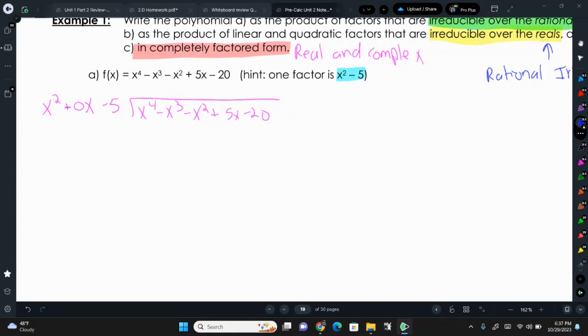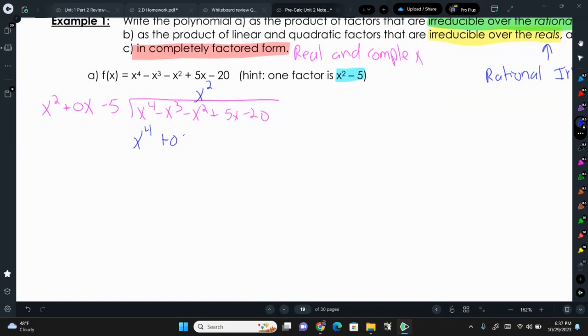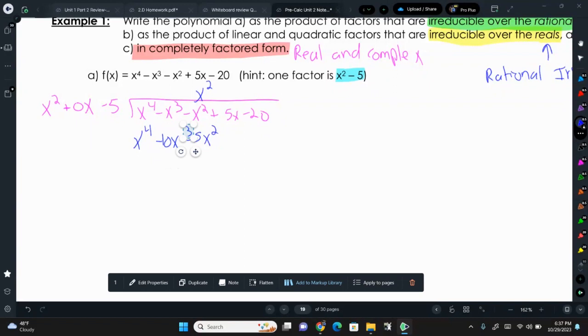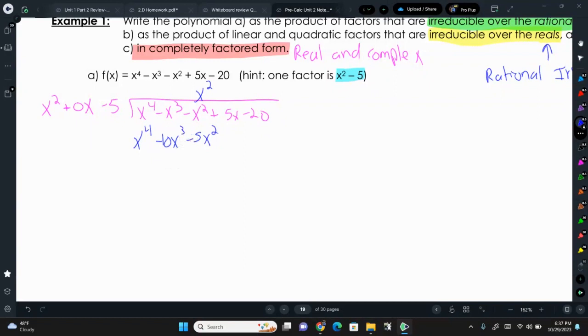So x squared goes into the x to the 4th, x squared times. So x squared times x squared is x to the 4th. x squared times 0x is 0x to the 3rd. x squared times negative 5 is negative 5x squared. And then we will subtract. x to the fourth minus x to the fourth is 0.